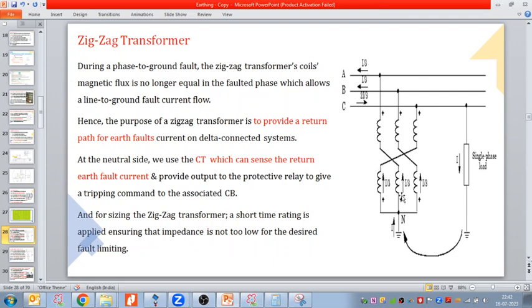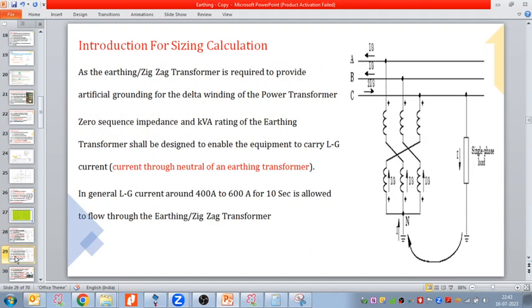So this I by 3 over here, I by 3 over here, and this I by 3 over here, right? We will discuss zigzag transformer sizing calculation in detail. This is the case that if fault current is flowing, then that fault current will divide identically into three parts. This is what this picture is indicating, right?